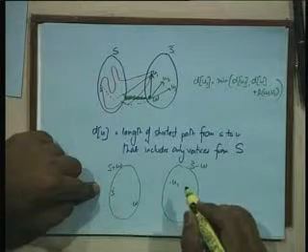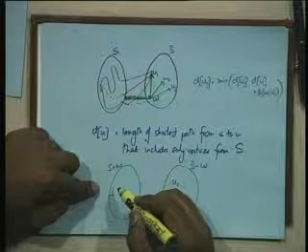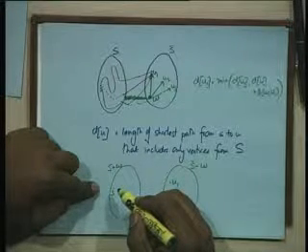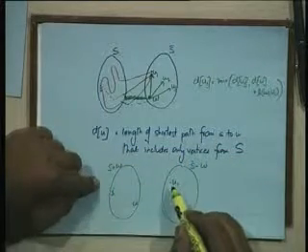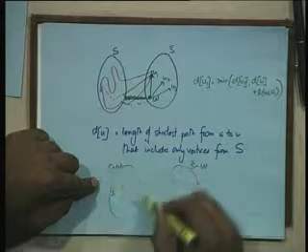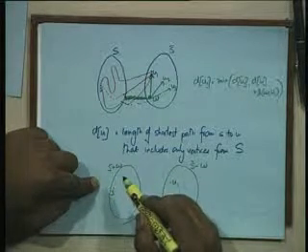Now, those paths, what could they be doing? I have to look at all paths from S to u1 which only include vertices from this side. Initially the paths were having all.